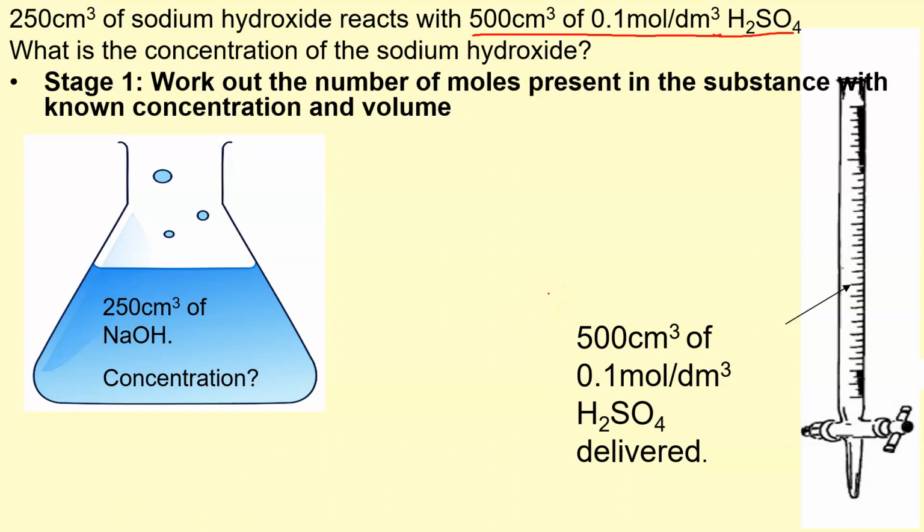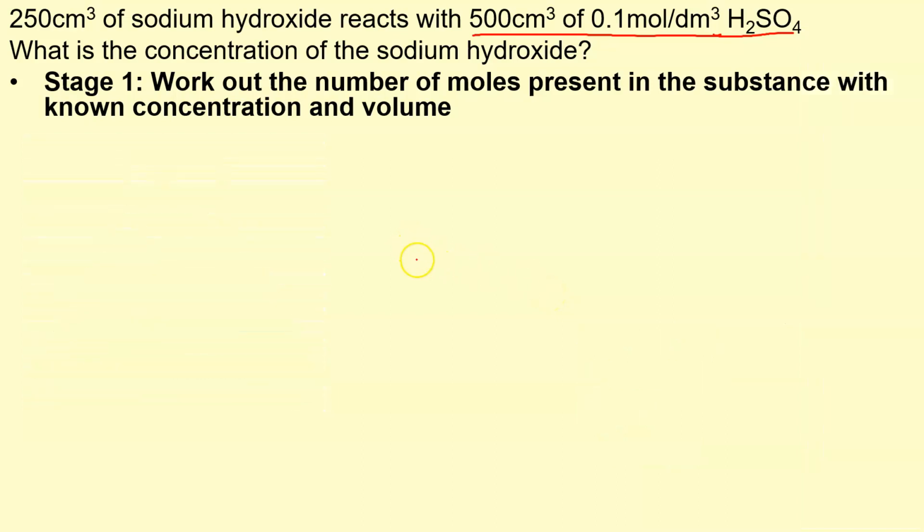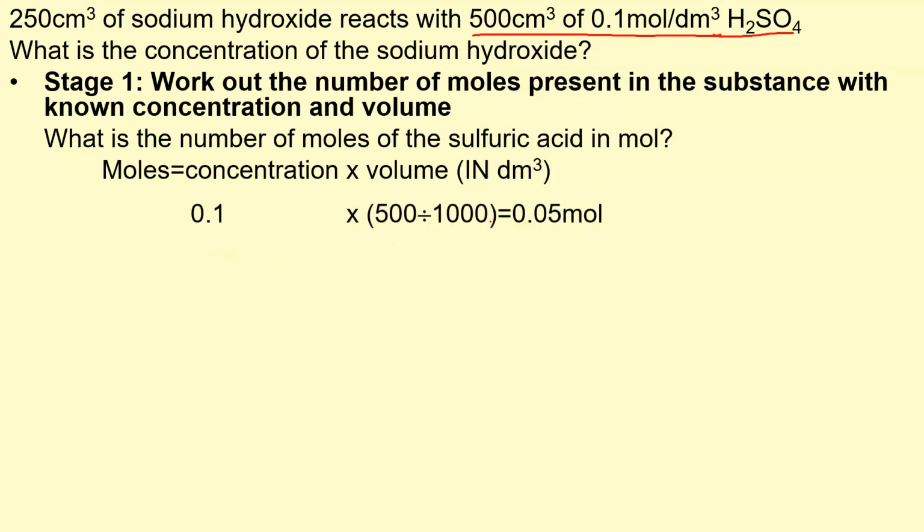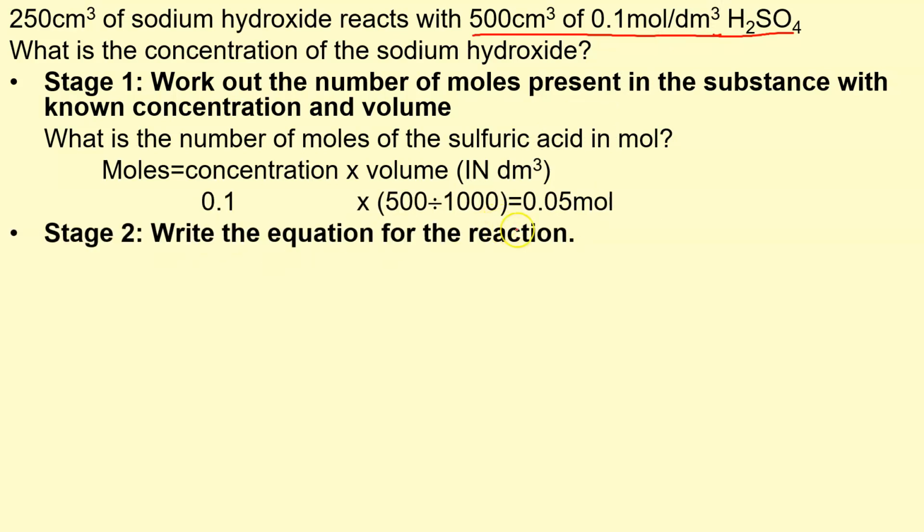So the first stage is work out the number of moles present in the substance with known concentration and volume. So what's the number of moles of sulfuric acid? Moles is equal to concentration times volume. So concentration times volume in decimeters cubed gives me 0.05 moles. Write the equation. You will always be given the equation.